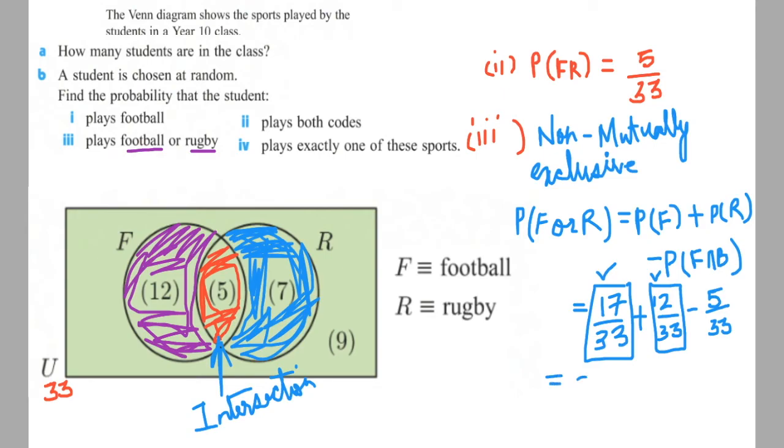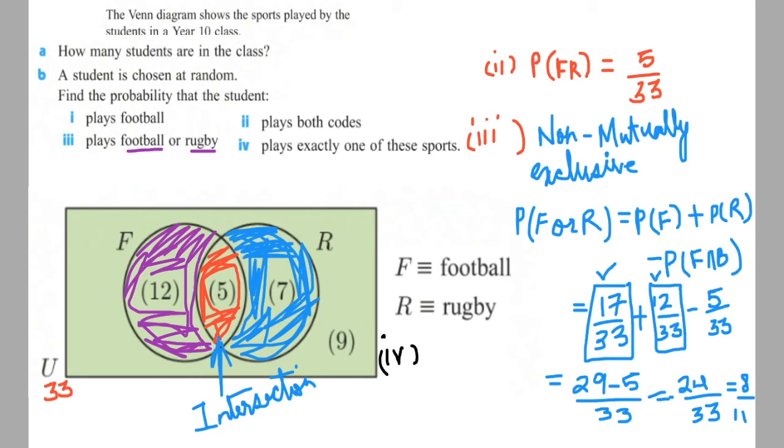When we solve this, I will get 29 minus 5/33, which is 24/33. And when you simplify this, you will get 8/11.